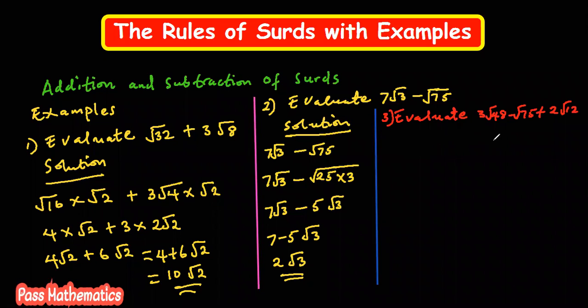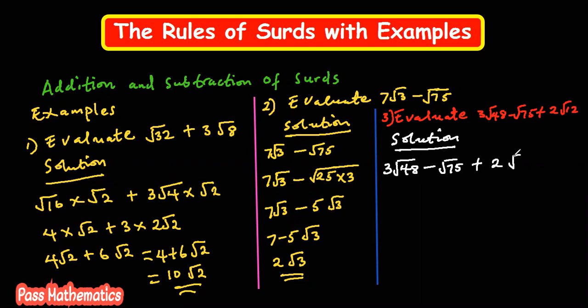So we have to evaluate this. So let me change to white now. I want to use white. So we have our solution here. So what we have here is 3 root 48, let me write it clearly, minus root 75 plus 2 root 12.